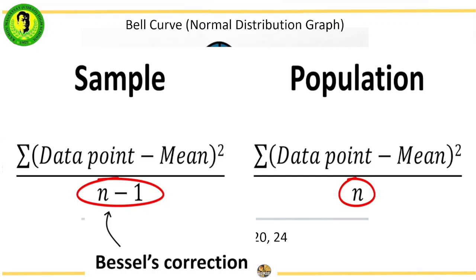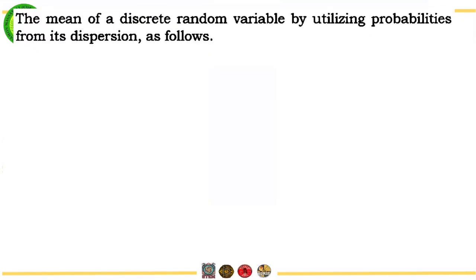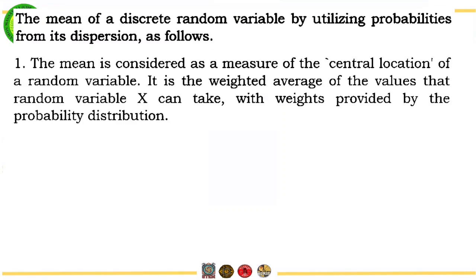So we will proceed to the mean of discrete random variables. The mean of a discrete random variable utilizes probabilities from its distribution. Number one, the mean is considered a measure of the central location of a random variable.